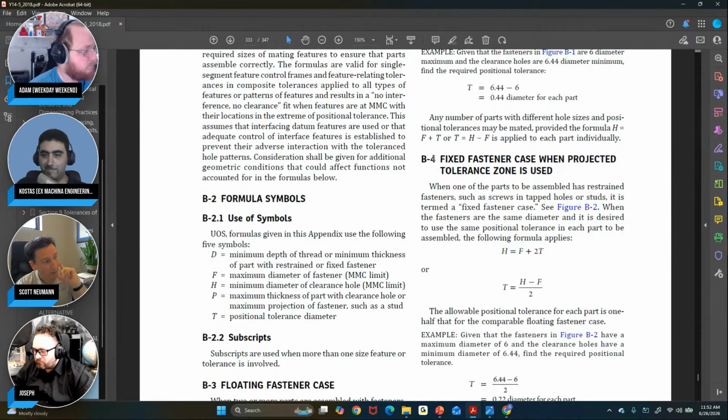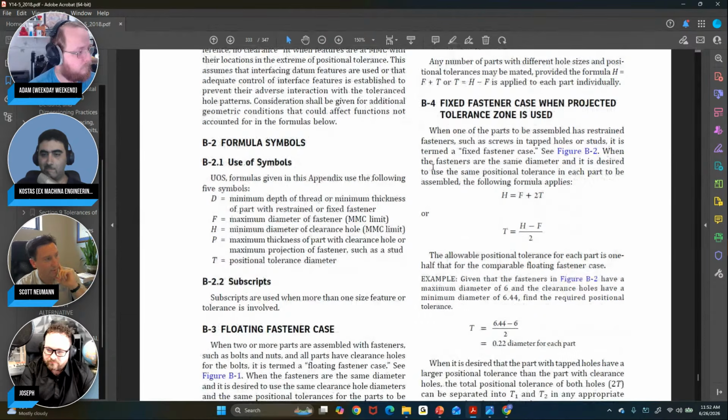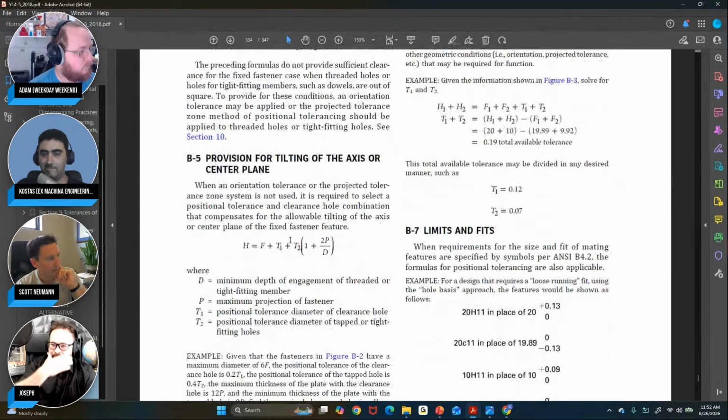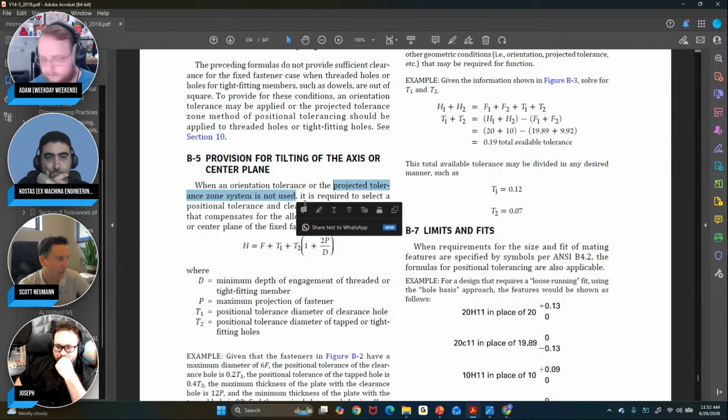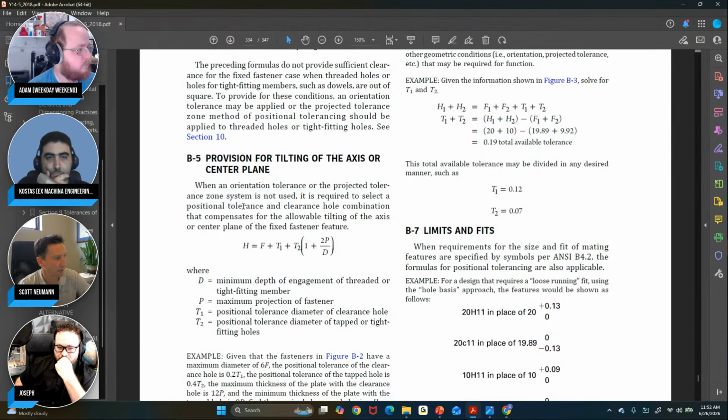Well, they do have another paragraph, B-5, and that is the extra provision for the tilting of the axis of the center plane. It says when an orientation tolerance or the projected tolerance system is not used, then it's required to select a position tolerance combination that compensates for the allowable tilting of the axis.